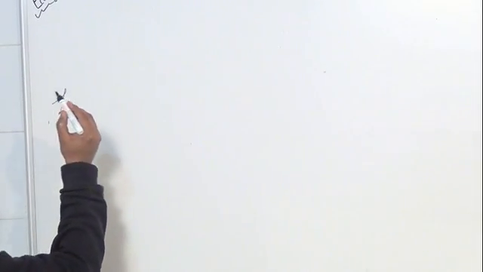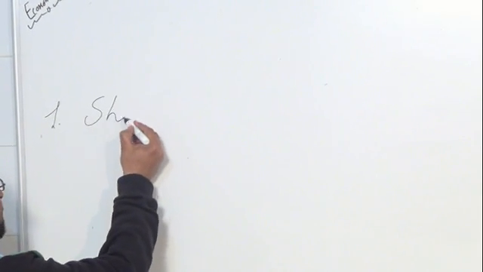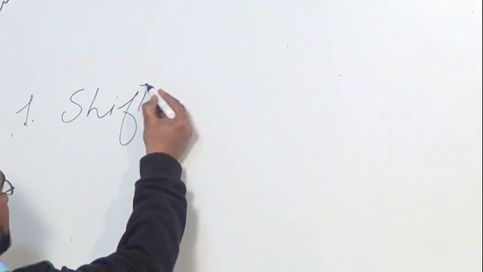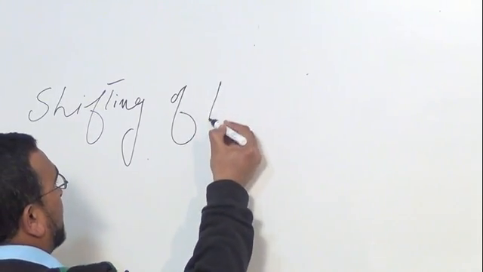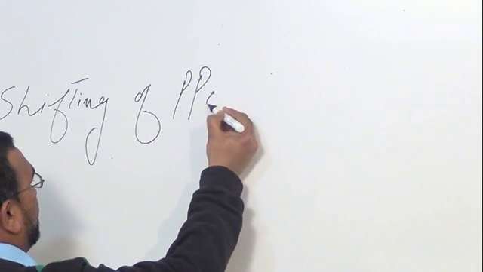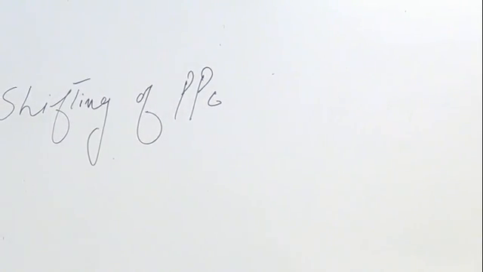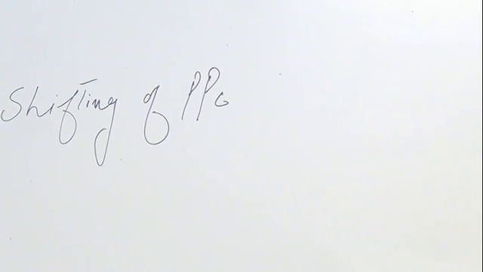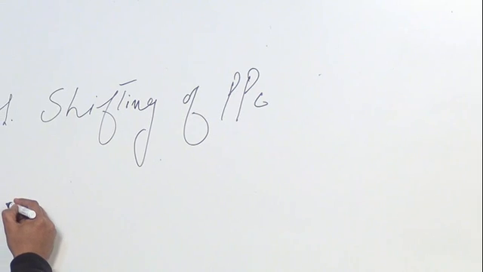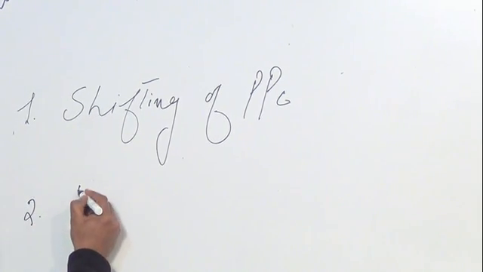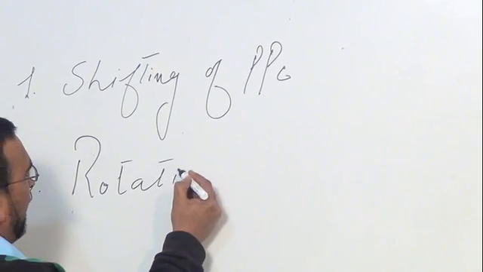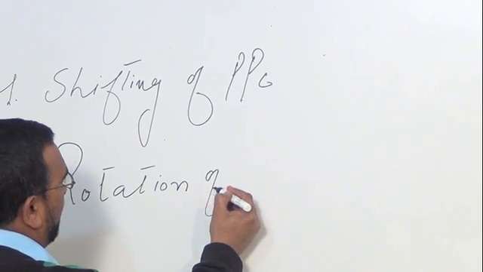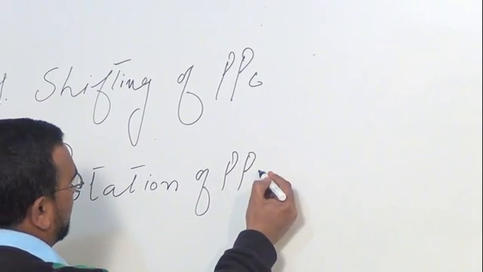First point, that is shifting of production possibility curve. I have already told you that we write production possibility curve as PPC. Number two, rotation of PPC, production possibility curve.